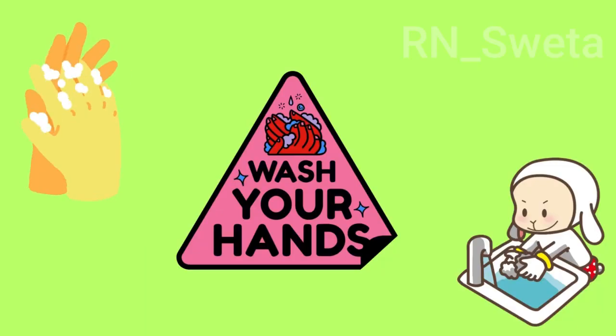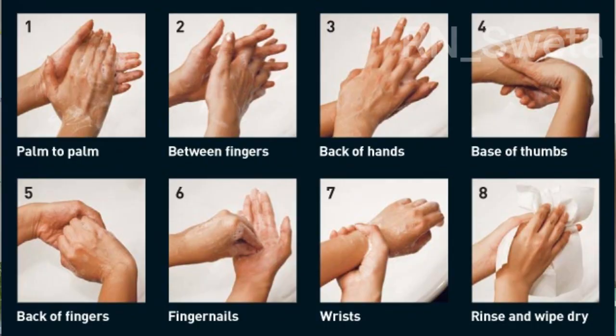So guys, the most important step of standard precaution is hand washing. Yes guys, it is very basic, hand washing or hand hygiene. We have been listening to this multiple times, but this is the most effective and the most important step that will prevent the transmission of diseases. It comes under standard precautions.